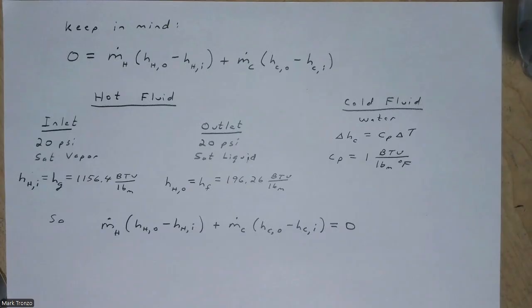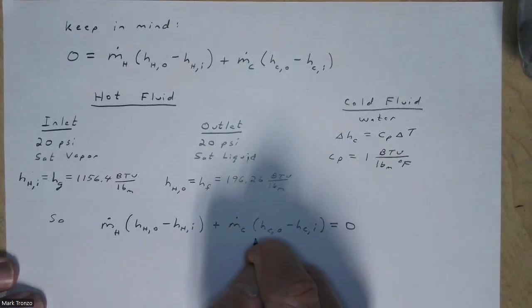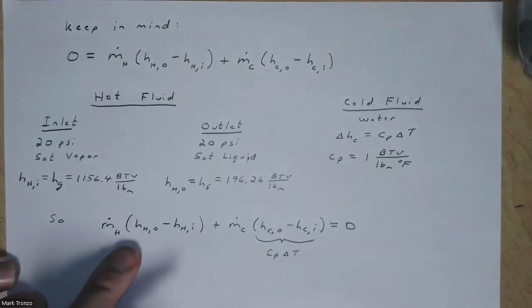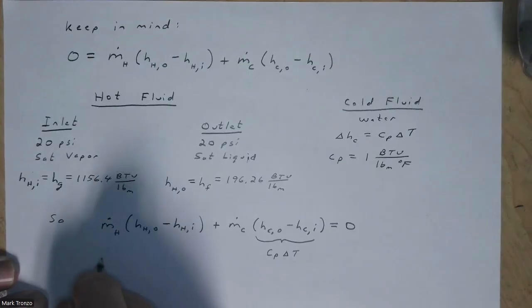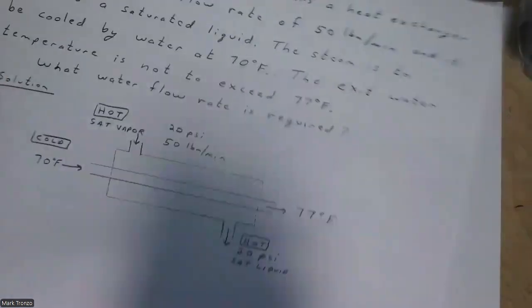And now remember, for the cold fluid, water, we can replace what we have right here with our Cp delta T. And now over here, let's substitute our values. What was our flow rate for our steam?